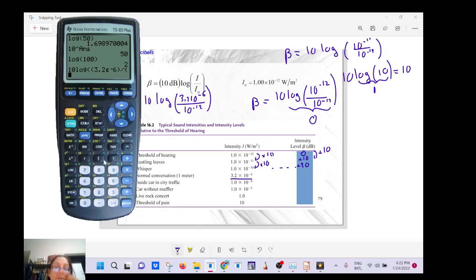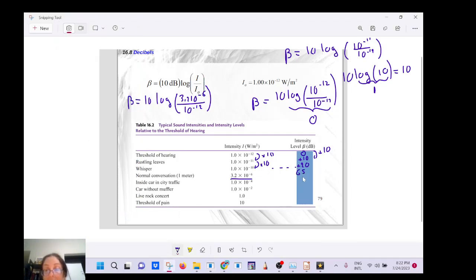Divide by, open the parenthesis, 10, that's base 10, to the negative 12. And you get 65. Did I get 65? Yes, here it's going to be 65.